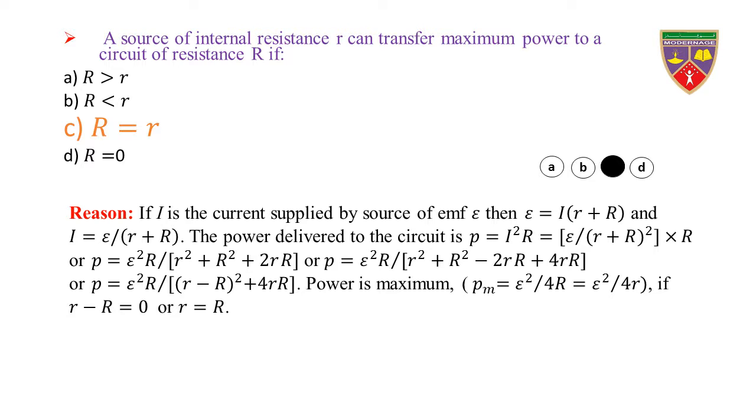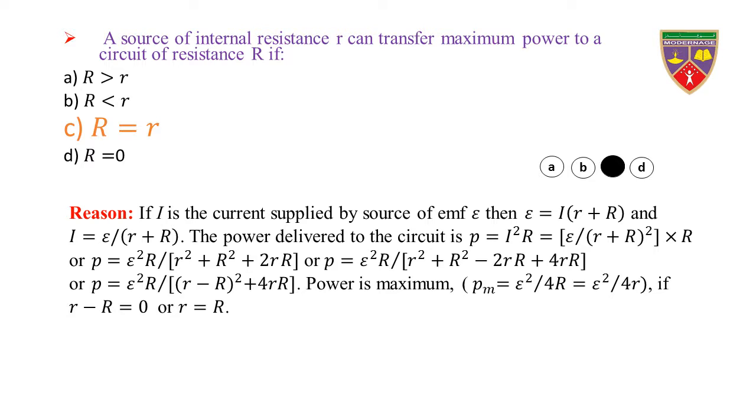Therefore, the current through the circuit is equal to epsilon divided by (small r plus capital R), the internal resistance plus the external resistance, which is the resistance of the circuit. The power delivered to the circuit is P is equal to I square R, which is equal to [epsilon divided by (r plus R)] whole square into R.